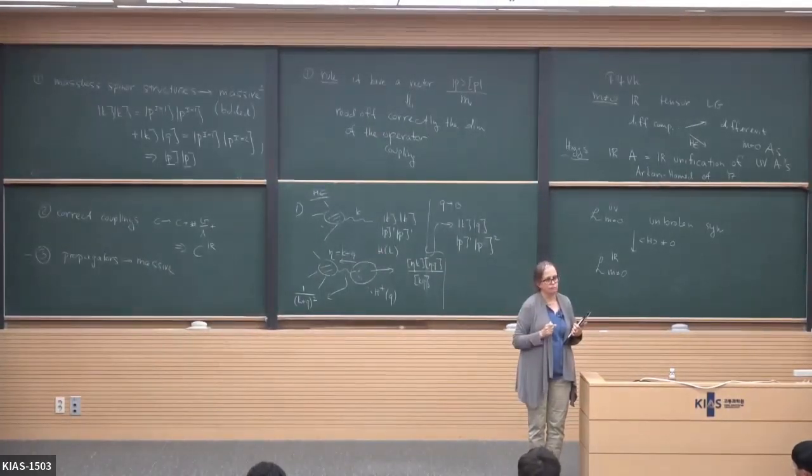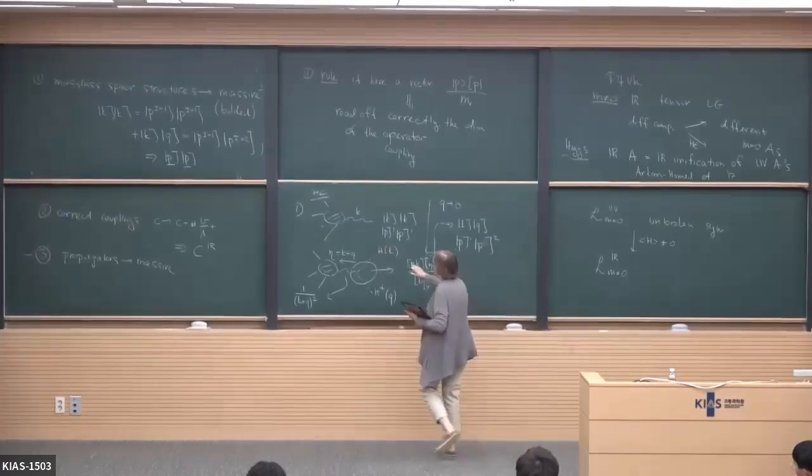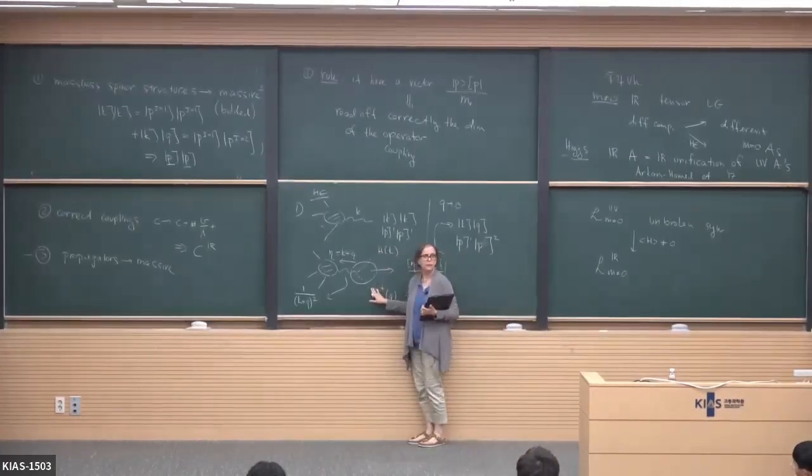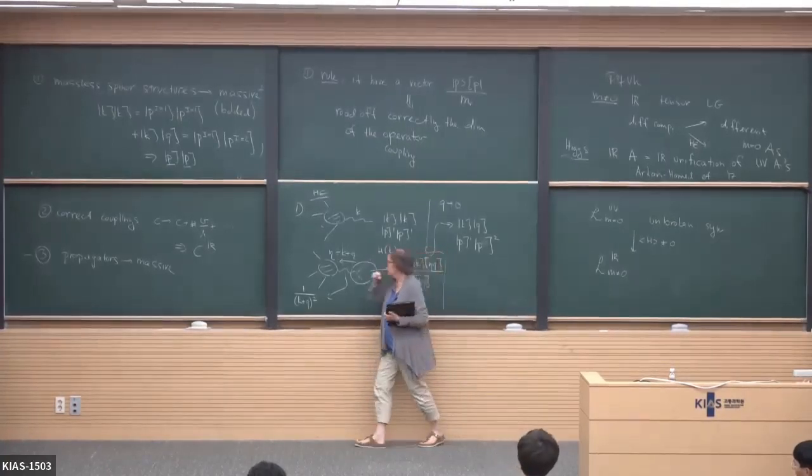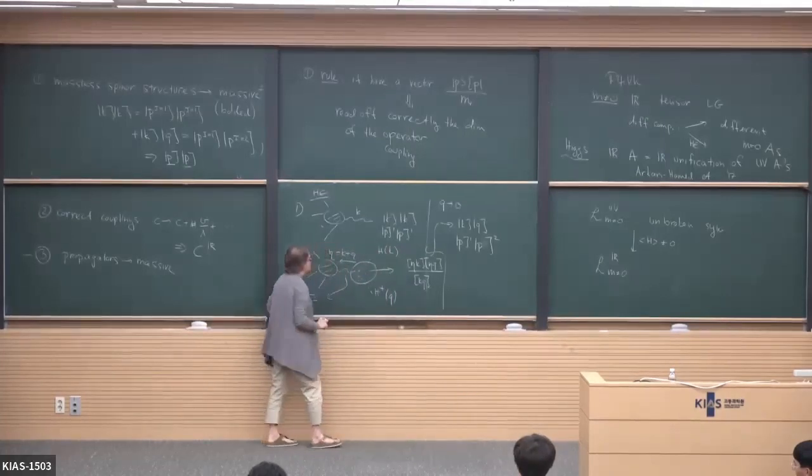Then let me ask this way. The external particle, is this a Higgs or is this a gauge boson? Yes, these are Higgses. So what I get by this is the coupling of 3 particles to a Higgs. So that's a very good question. The thing that's happening here is like this.